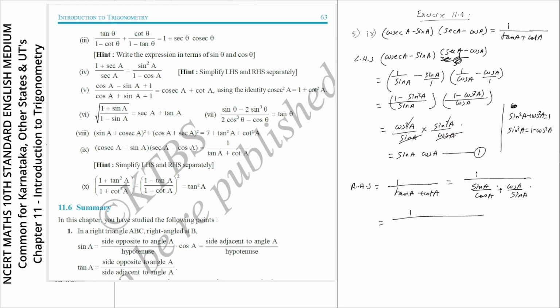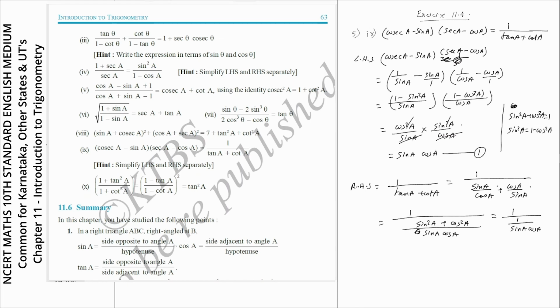So 1 divided by, LCM of cos A sin A is sin A cos A. So in the numerator I'll get sin square A plus cos square A, that is 1. So 1 divided by 1 by sin A cos A I'll get.